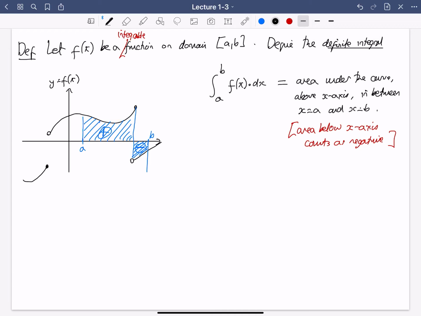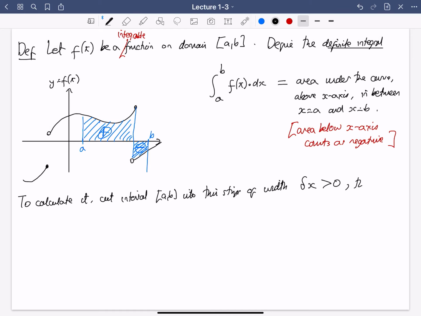So how would you calculate this definite integral? You cut the interval a, b into thin strips, each of width, well, delta x, so some positive but small width, and then you add up the areas of all the strips.